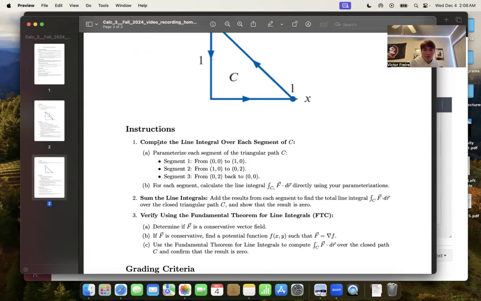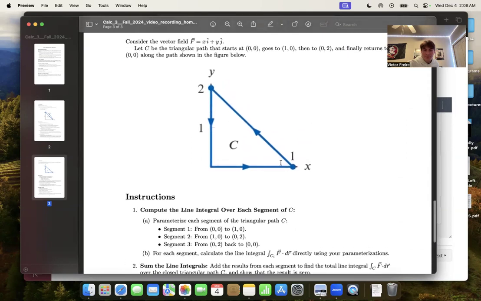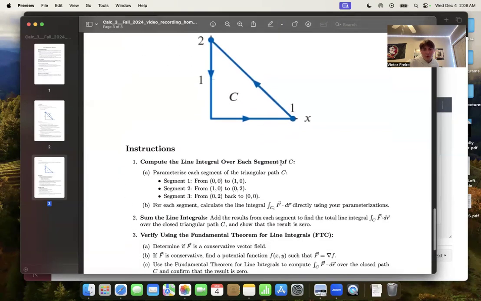Our first step is to compute the line integral over each segment of C. So we start with part A, which is to parameterize each segment of the triangular path C.